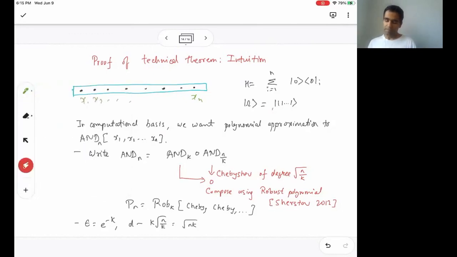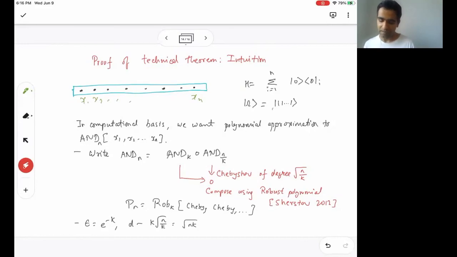So we know how to get approximations to the AND function via either Grover or Chebyshev or this super Chebyshev kind of behavior that I showed you in different ways using the integer values of this Hamiltonian spectrum. But here's a different way to do it. And this way is sort of a divide and conquer kind of approach.